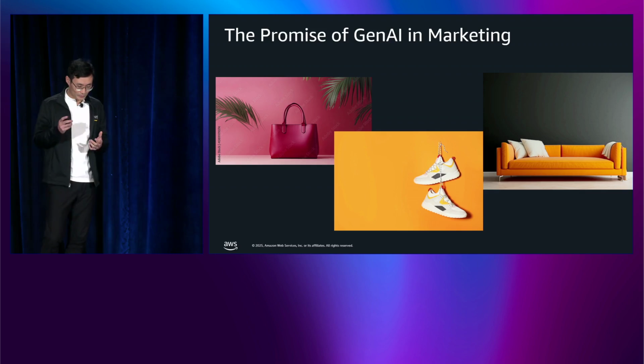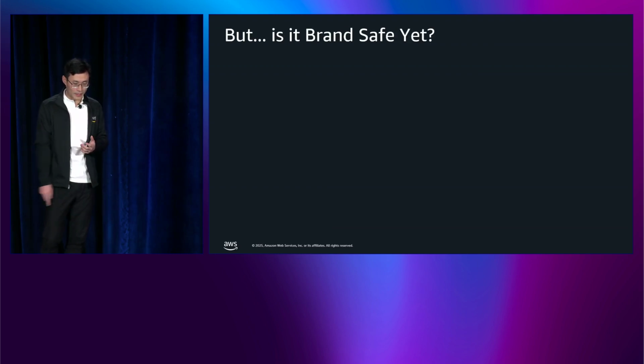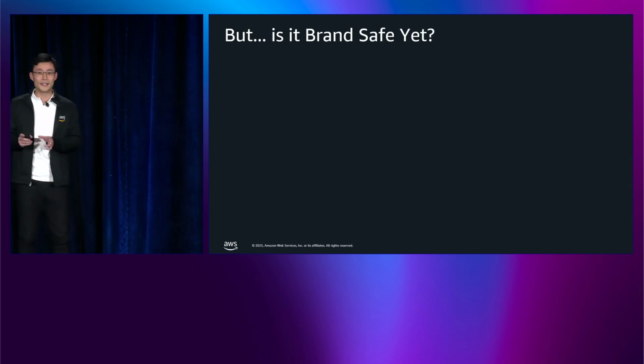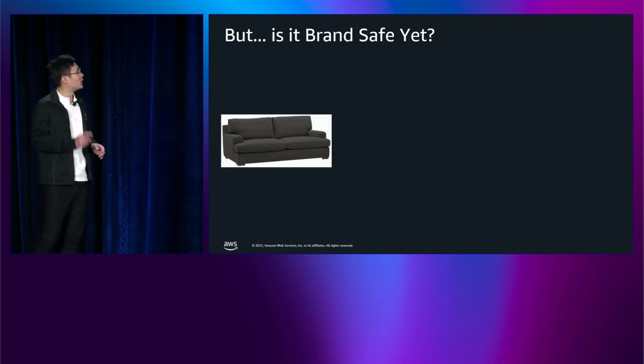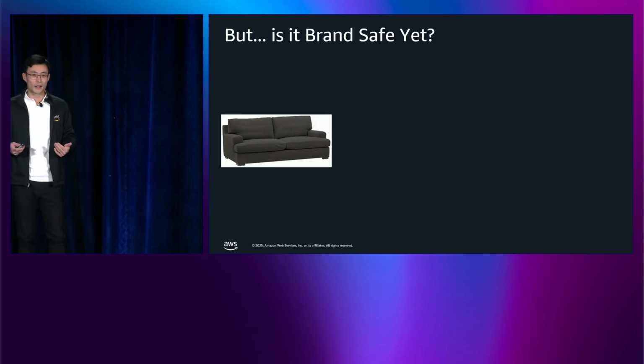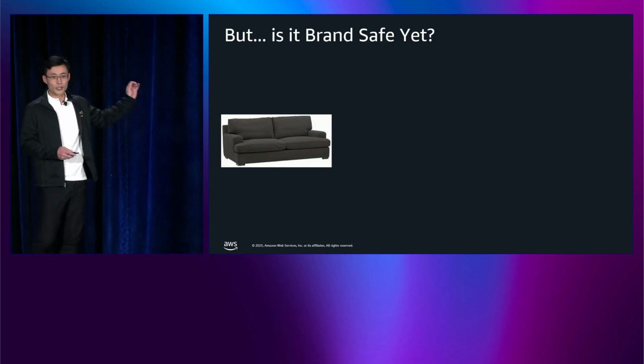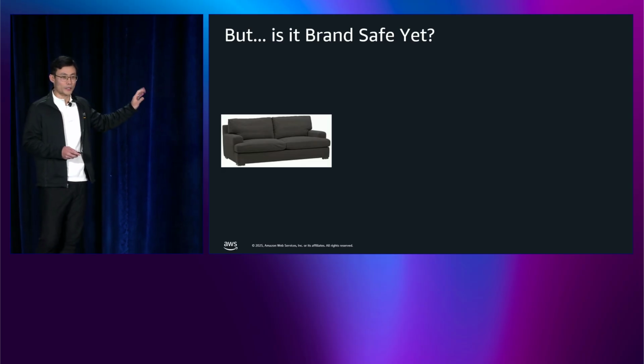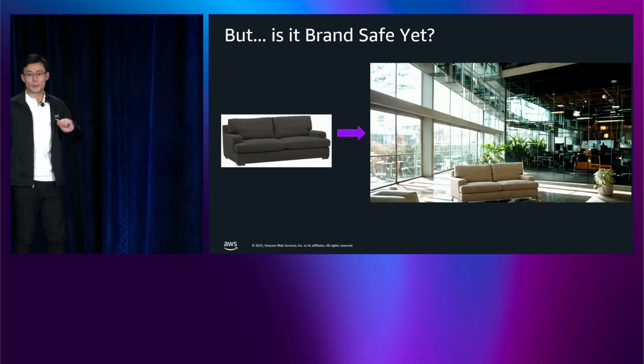But then one thing we found is, is the existing technology really brand safe yet? This was a journey we took on with one of the customers, and we said, okay, let's try this thought experiment for a little bit. Say, imagine you have a sofa like that as your marketing product you want to build an image for, and you just prompt an image generation model here.